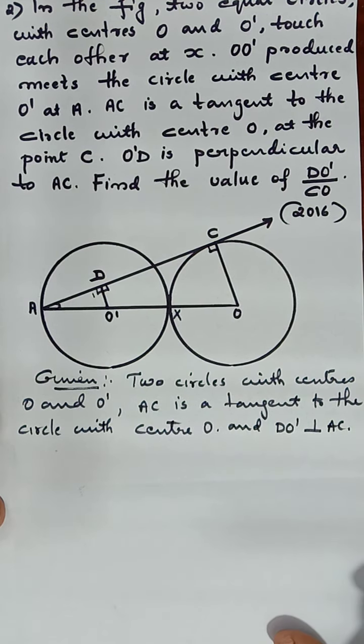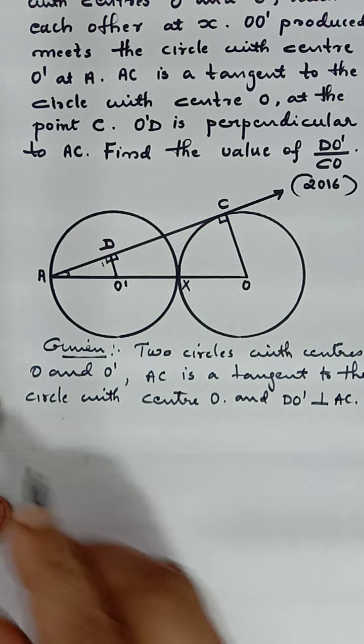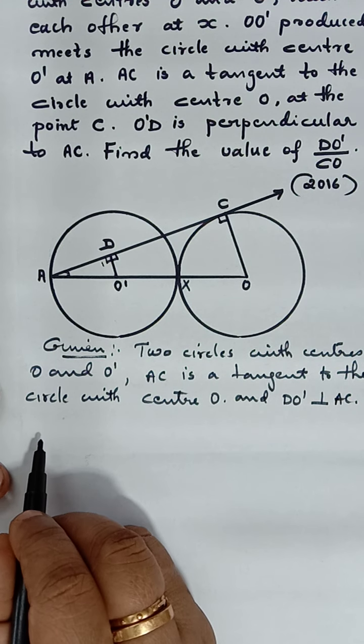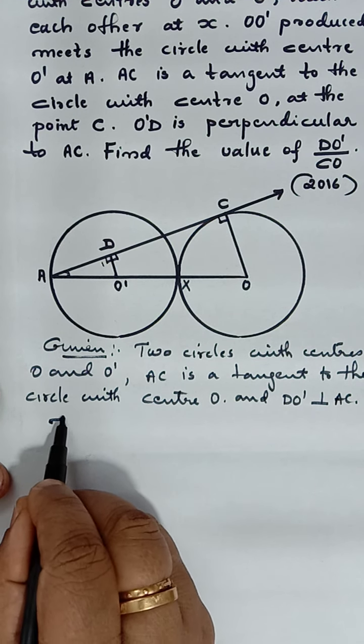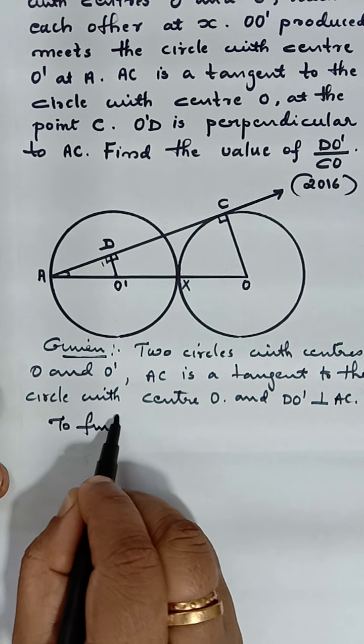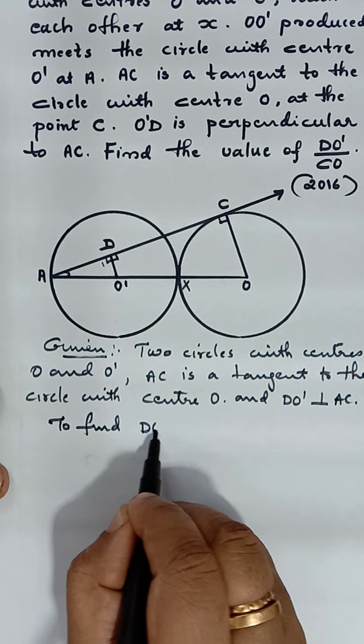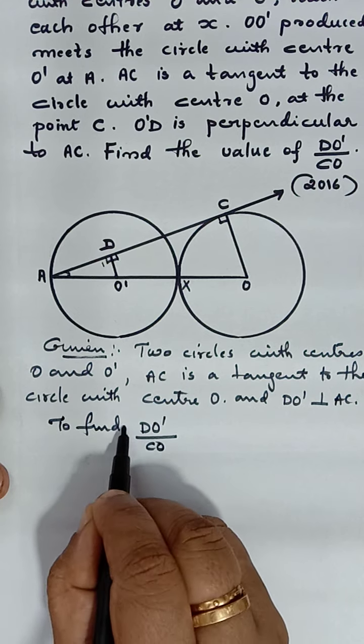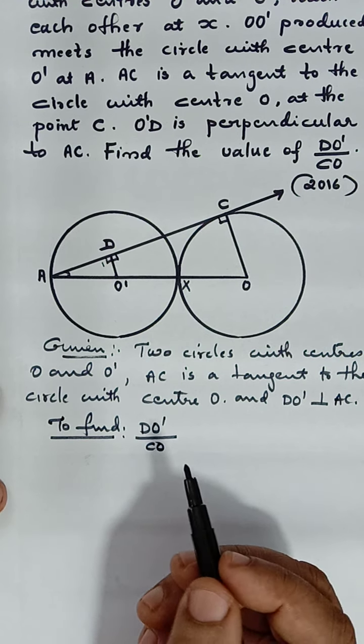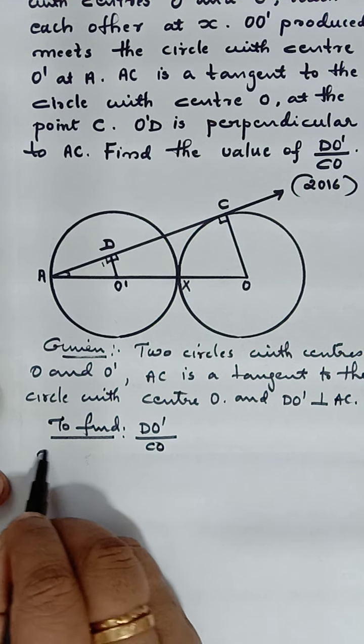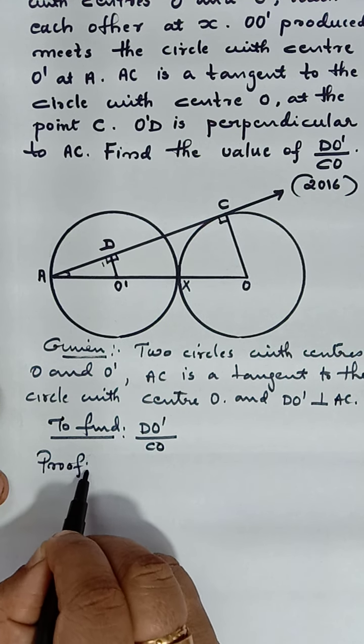These are the main points given to us. What is to find? To find DO dash by CO. Now comes the proof, or how we are going to find. What is the proof?